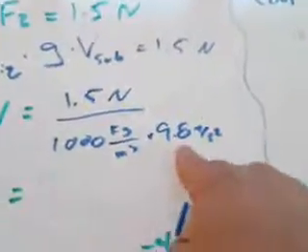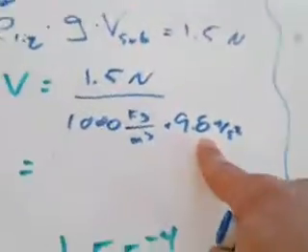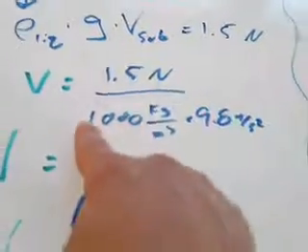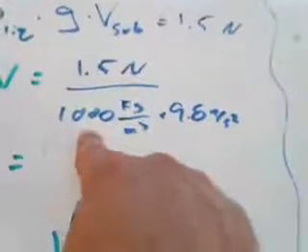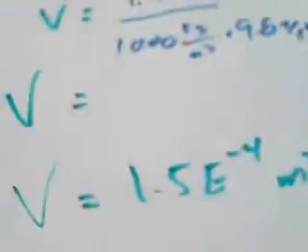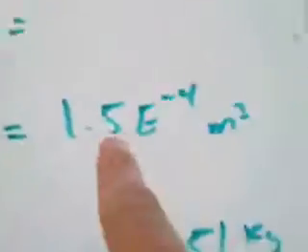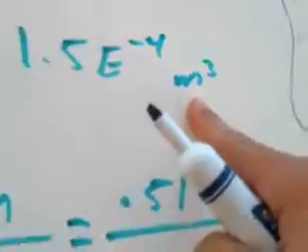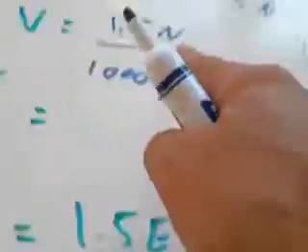This denominator is so darn big that the fact that this is 9.8 instead of 10 really doesn't matter. We're taking 1.5 and dividing it by 10,000. So it's 1/10,000th of 1.5. So all this becomes is 1.5 times 10 to the negative 4th cubic meters. That number didn't even change, just times 10 to the negative 4th cubic meters.